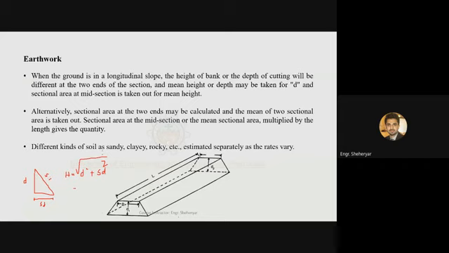Now you can see that in this equation D square is common. So if I take D square as common, this will be out of the bracket, and this will lead to 1 plus S square. Alright.